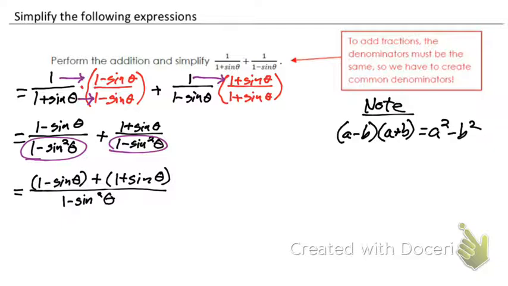Well, on the top I have a negative sine and a plus sine. Negative sine theta plus sine theta is just going to equal 0. And so we'll just have 2 on top.